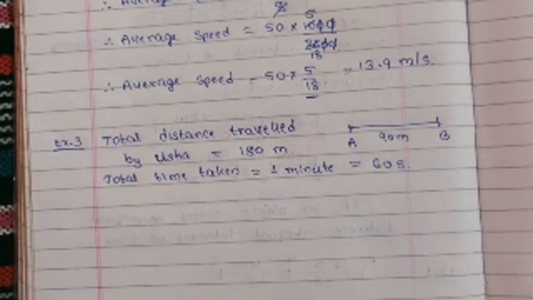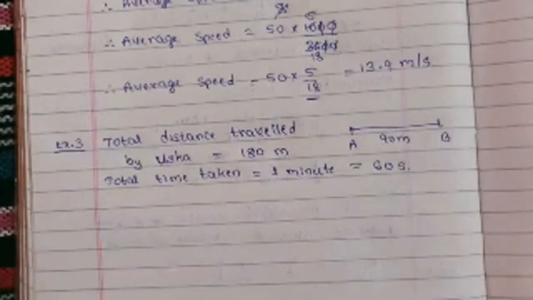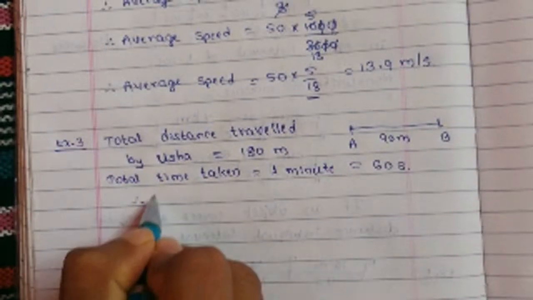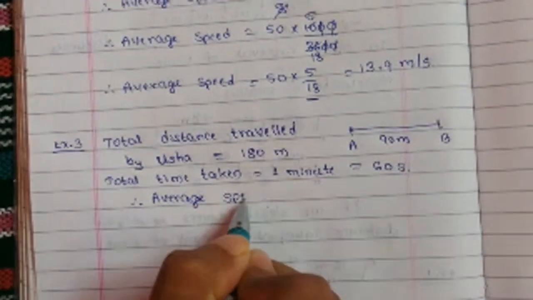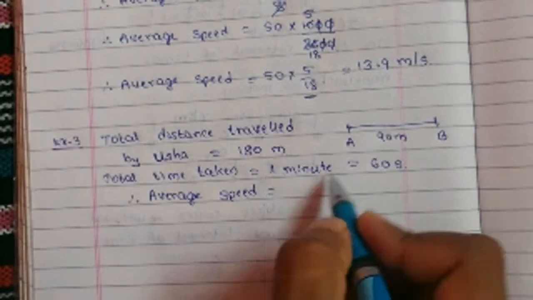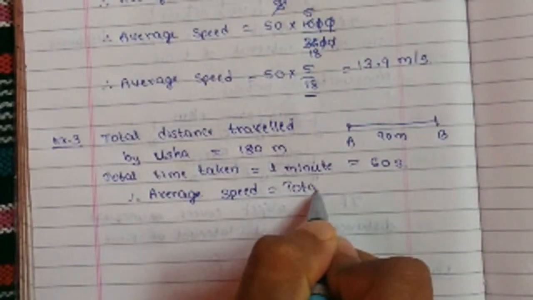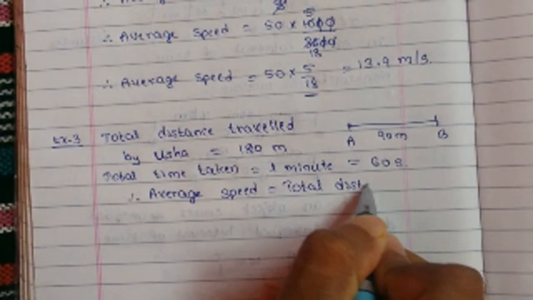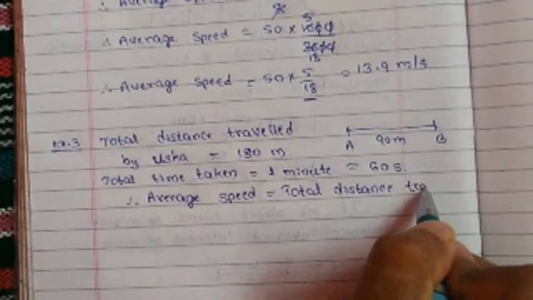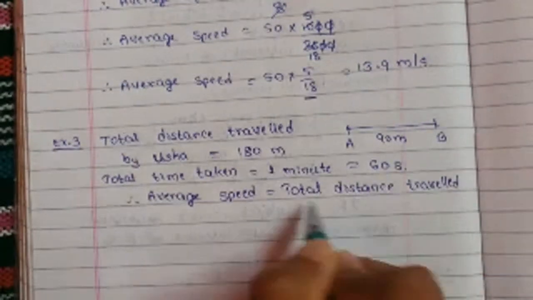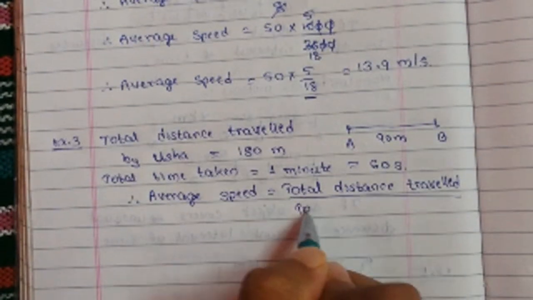Now I have to find out the average speed. Therefore, average speed is equal to total distance traveled divided by total time taken.